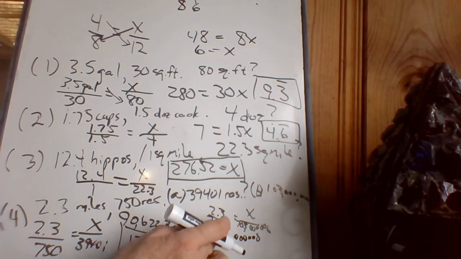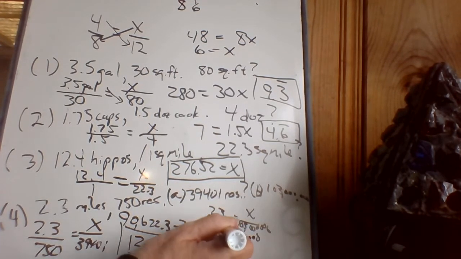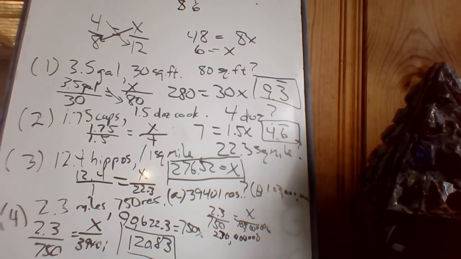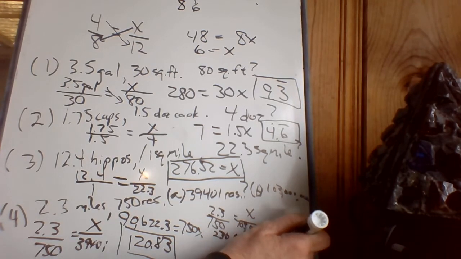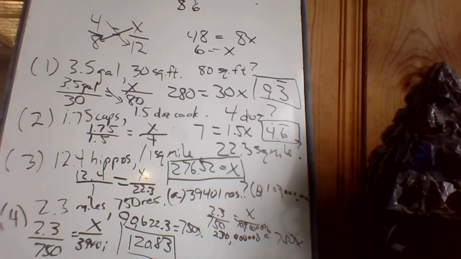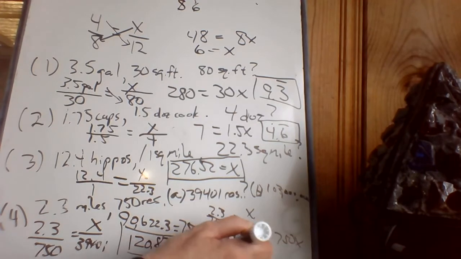Okay, this is not readable because the numbers are just so huge. There's no way to put them on the paper. 236,900,000 equals 750x. Divide both sides by 750. I get 315,866 with the repeating 6.